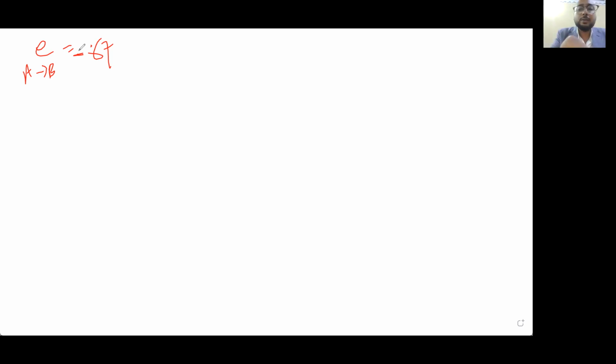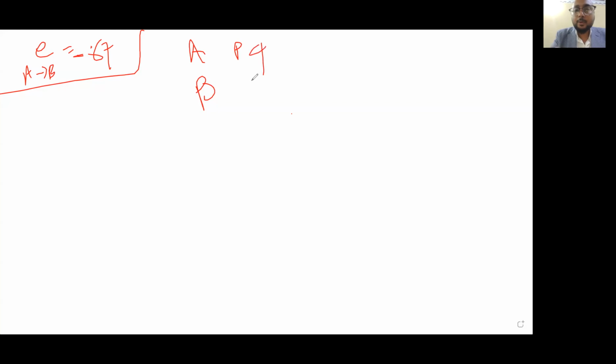Now we have to calculate elasticity from B to A. So let's write down A and B first. Price is, I forgot, 4 and 6, and quantity 120 and 80.